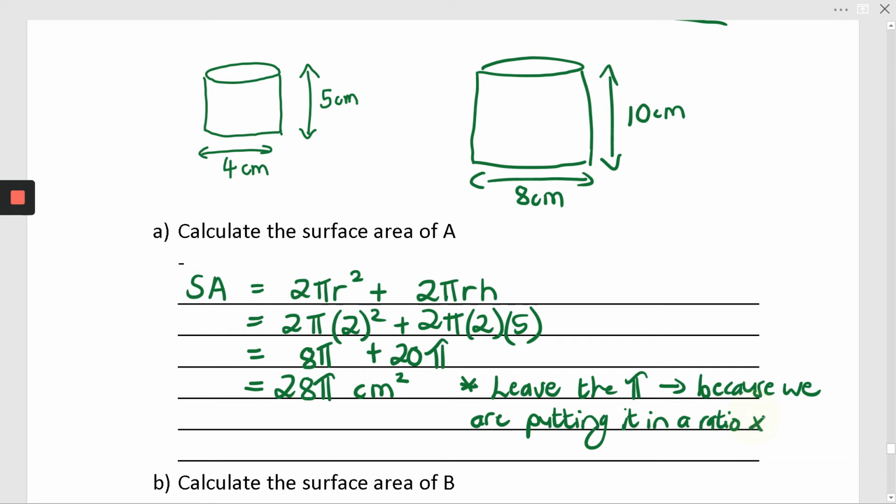And when you put things in a ratio, you're putting them in fractions. And fractions means that things cancel, okay? So do not convert to decimal at this point.